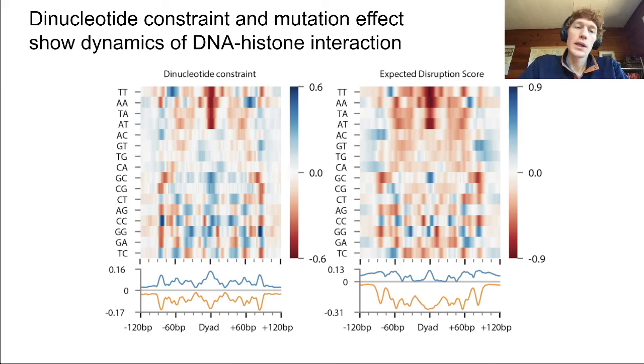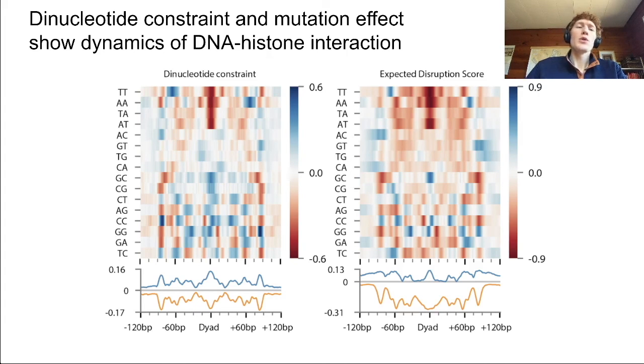On the right, we're showing a different metric, based on the actual model predictions. It's called expected disruption score. This is essentially the effect of injecting each dinucleotide into each position across 10,000 different nucleosome instances, measuring the effect of inserting this dinucleotide on overall nucleosome occupancy.